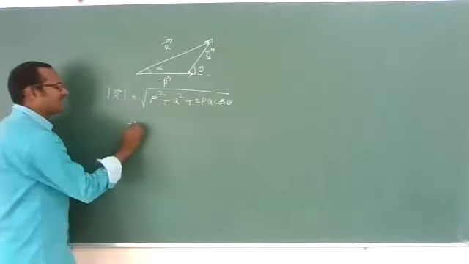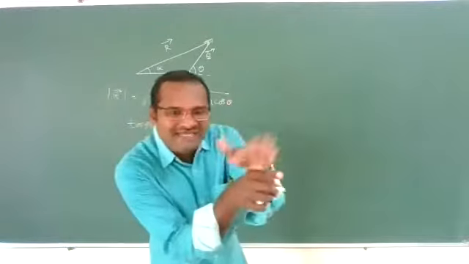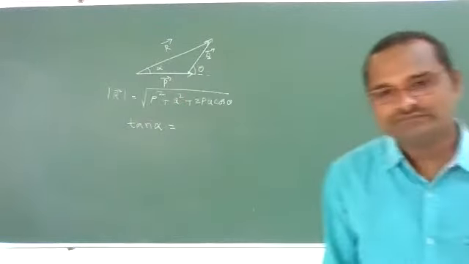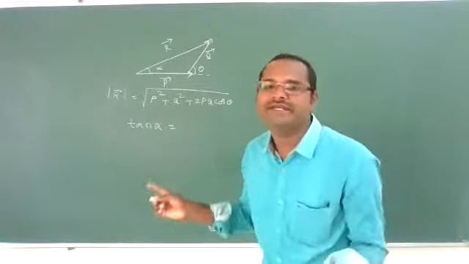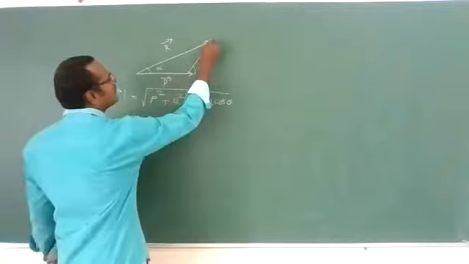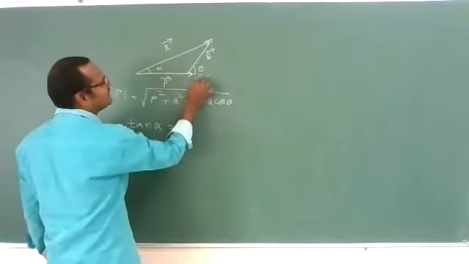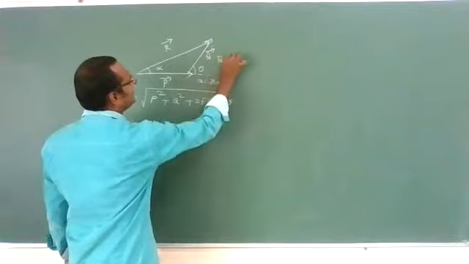Now for finding the direction, we should find the angle it makes with p bar. In the previous class I gave vectors a and b, now I am taking p and q. You can take anything, don't get confused. If we construct a right angle triangle, this will be q cos theta and this will be q sin theta.